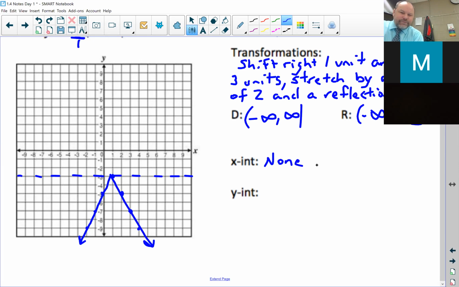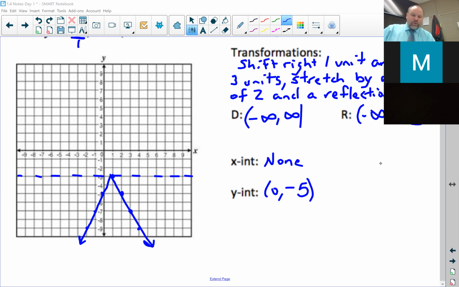What is the y-intercept? Yep, excellent. 0, -5.